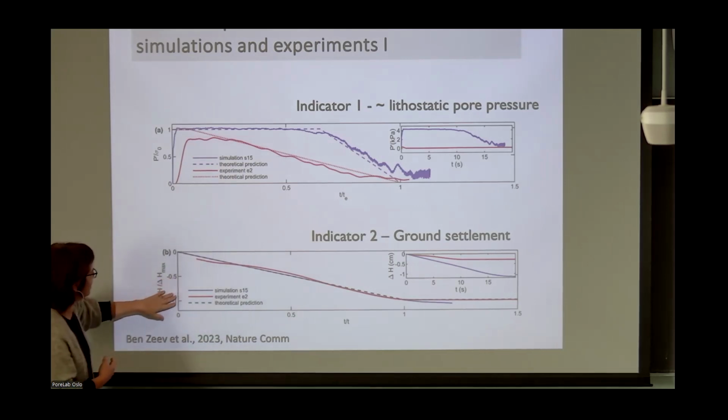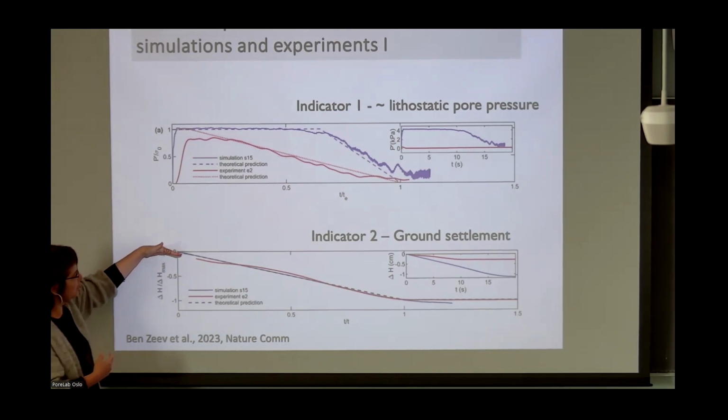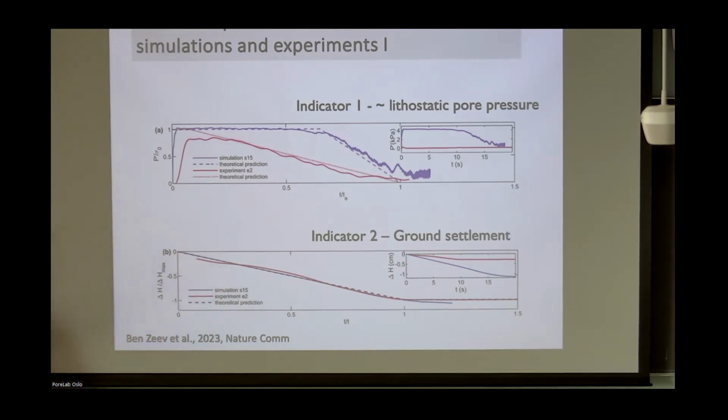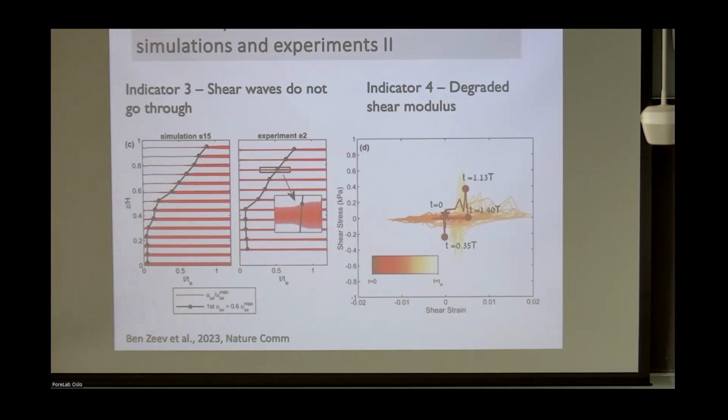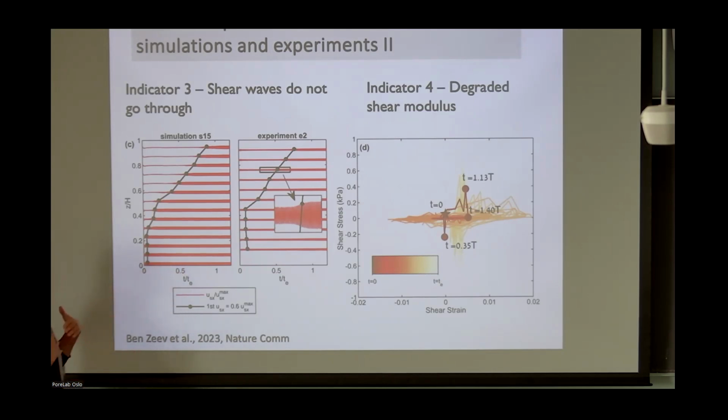Another indication is the theoretical ground settlement, which we measure with time in the experiments and in the simulations. Another indicator is the movement of the grains left and right, the horizontal movement. If the shear waves do not go through the layer, that means it behaves like a liquid.